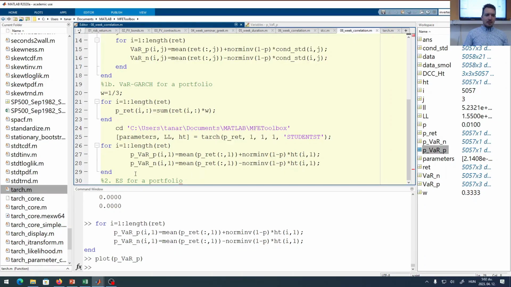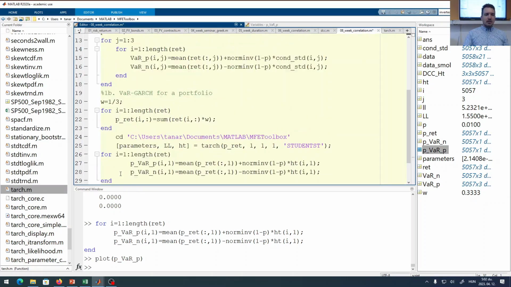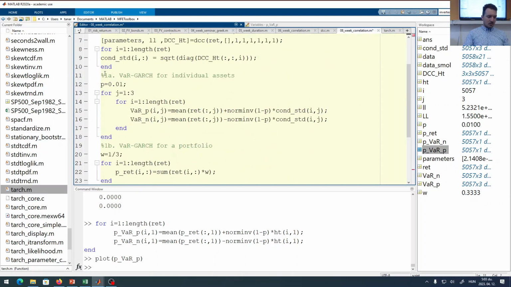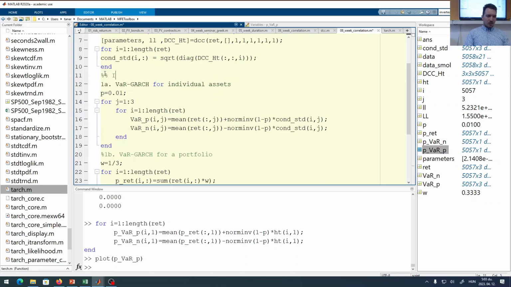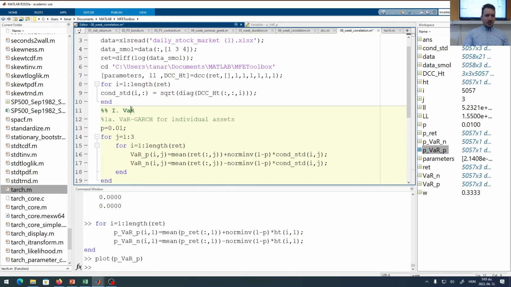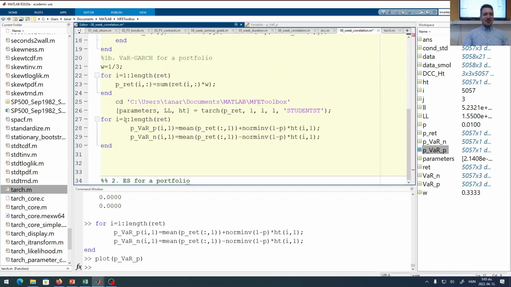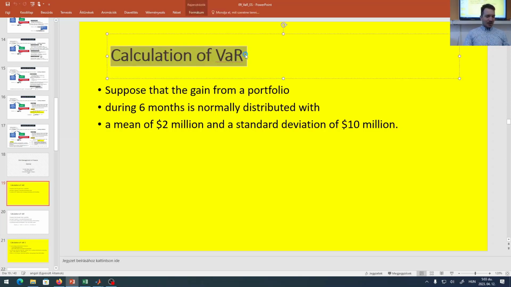So maybe I will, and this is not. So there is a difference. So if the A is small, then it's value at risk. If it's big, then vector autoregression. If everything is small, then variance. So this is highly sophisticated. Okay, so calculation of VaR.